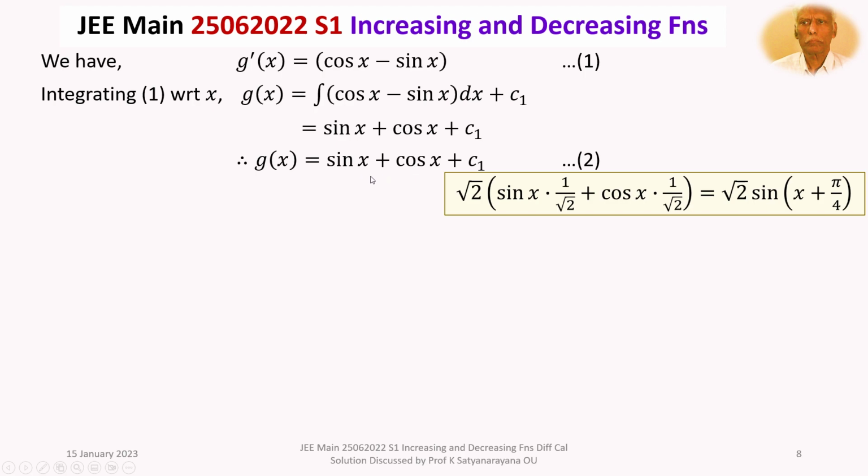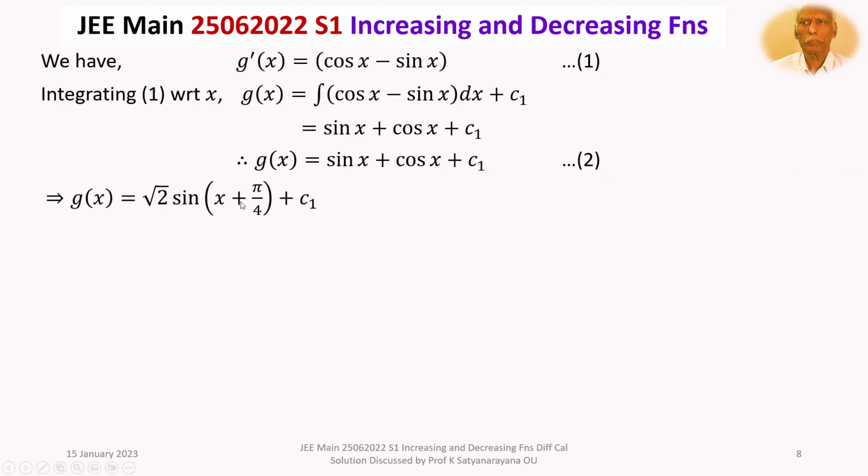So you can write it as g of x is equal to root 2 times sin of x plus pi by 4 plus c1. So what is happening here? It is the scaling that takes place. Scaling is root 2, greater than 1. It bulges.